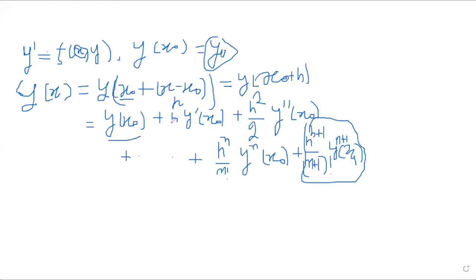Now we are coming to the second term, in which we have h and y prime at x naught. So tell me whether h is given to us or not. Anybody can answer? Sir, arbitrary. Yeah, h is known or not?